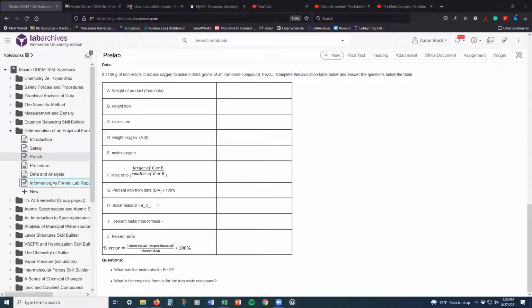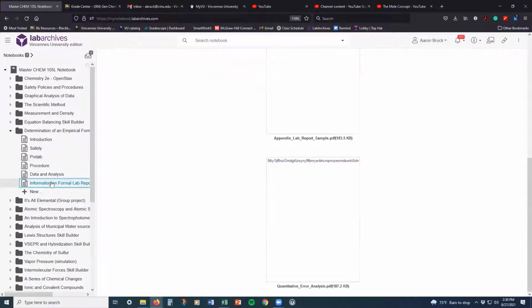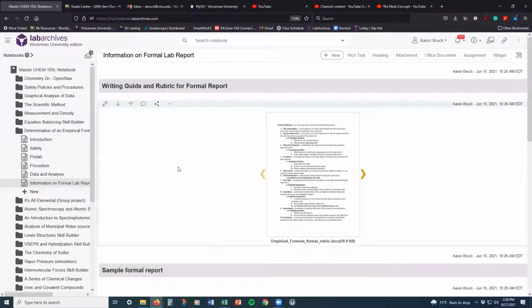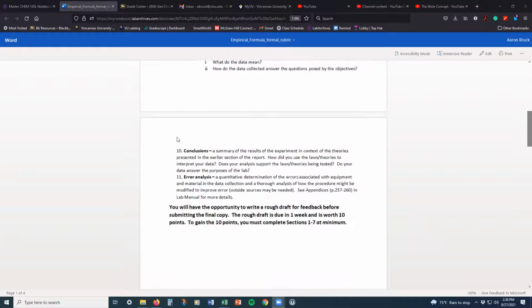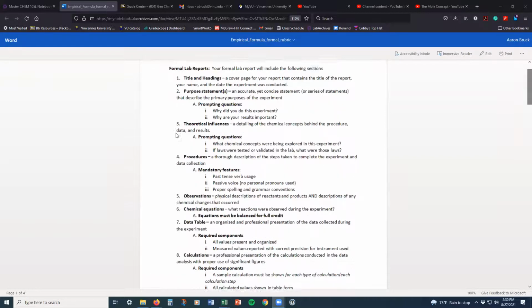I wanted to take one extra minute here and talk about the actual analysis, the thing that you're going to do with this, and that is writing a formal lab report. Here in Lab Archives, you can see that there is a writing guide and a rubric for that formal report that you can open up. What we are looking for out of this formal report is 11 sections.